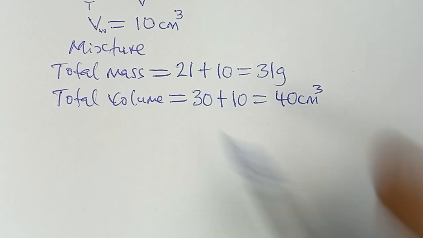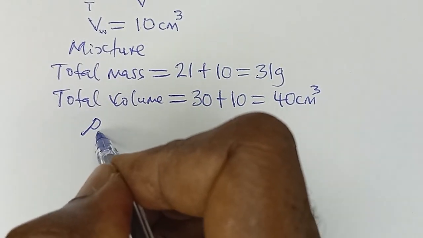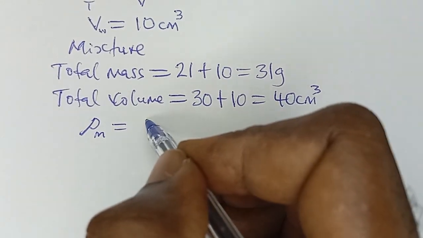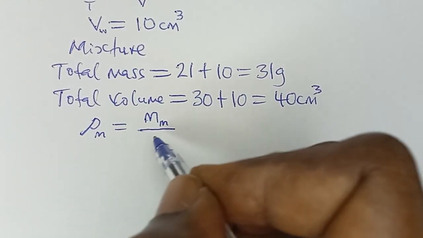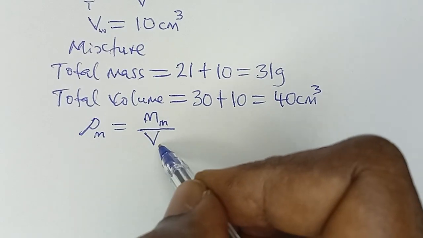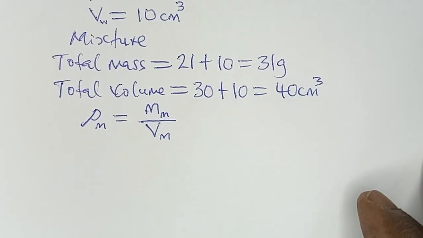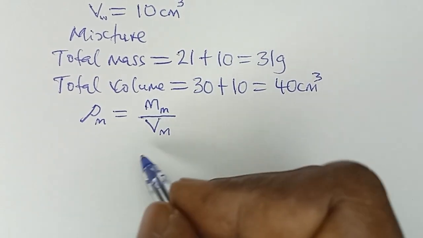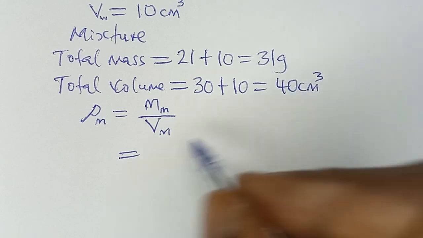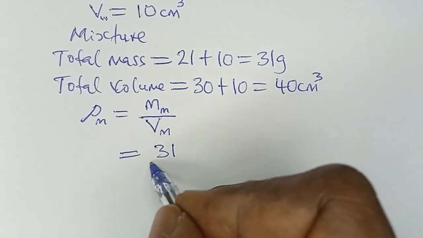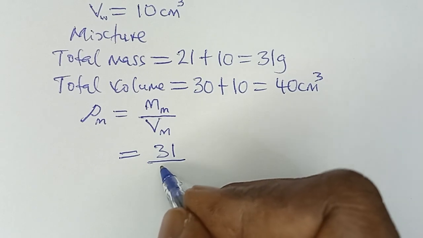So we can now go ahead and say the density of the mixture is equal to the mass of the mixture all over the volume of the mixture. So we can now substitute values. The mass of the mixture, we already have it as 31 gram, all over the volume of the mixture, which is 40.